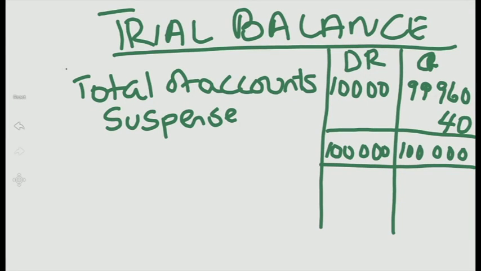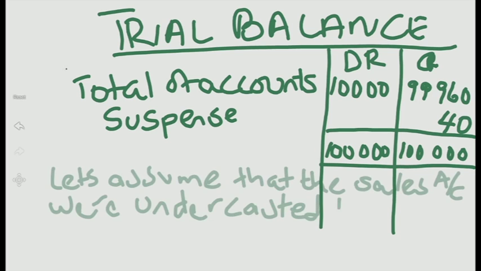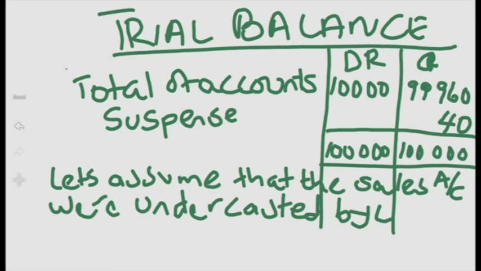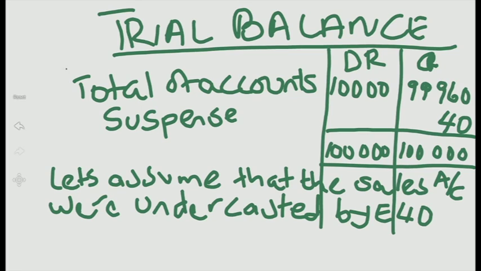An example of an error in this case could be, let us assume, 40 emalangeni. Let us assume that the sales account had been undercasted by 40 emalangeni. In this case, we have seen the suspense account being 40 emalangeni, and the total for the debit side being 100,000.